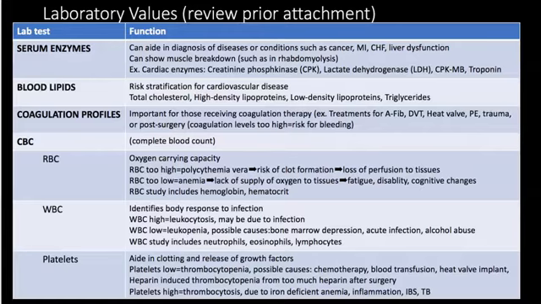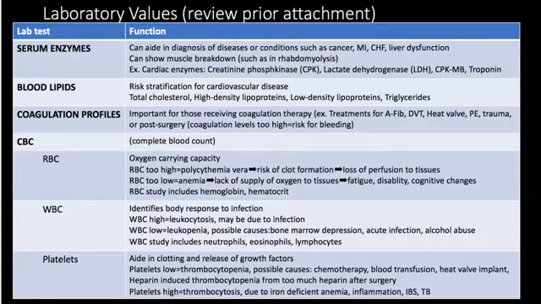The coagulation profiles are important for many patients. Those having, say, total hip replacements or total knee replacements, really anybody on coagulation therapy. That could be somebody with AFib, somebody with a DVT. Oftentimes it's also for DVT prophylaxis, so prevention of it.